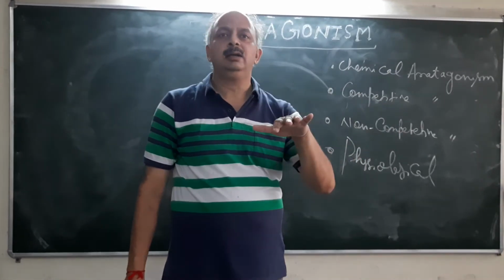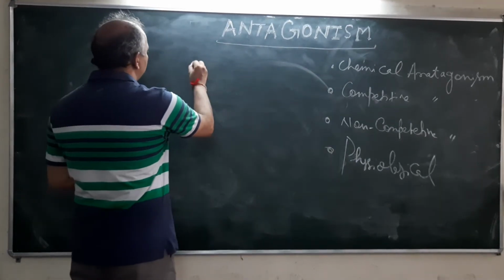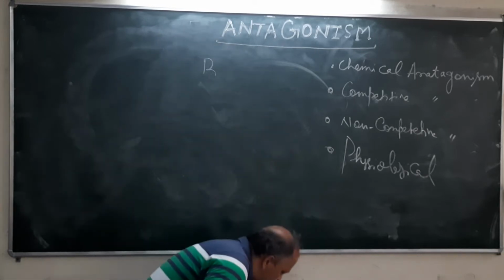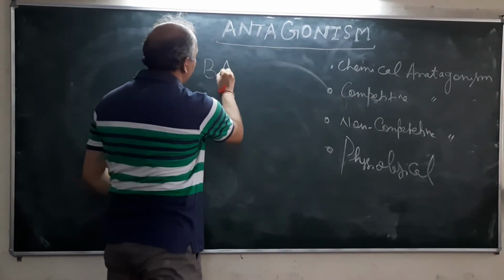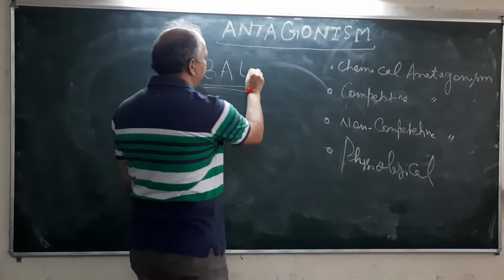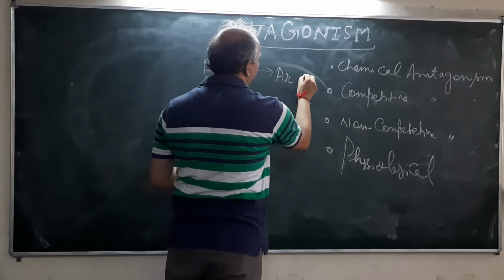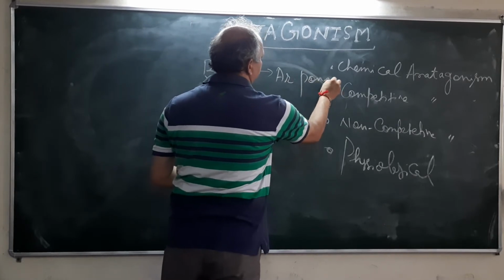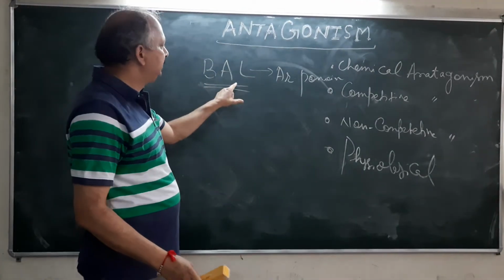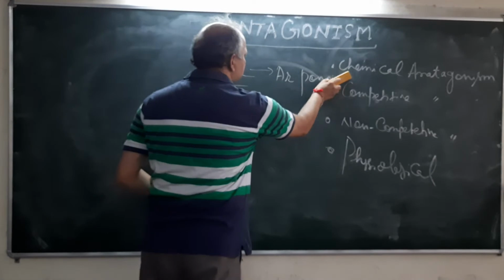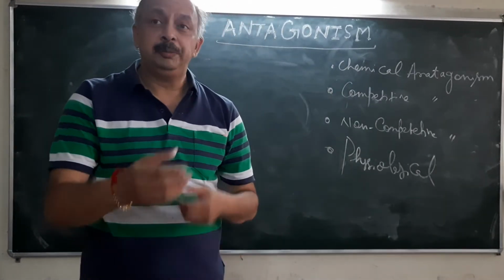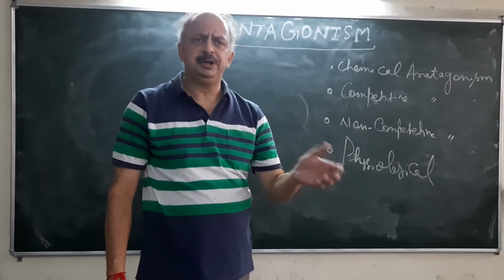To avoid that arsenic poisoning, BAL, that is British antilewisite, is used in the treatment of arsenic poisoning. This question is mostly asked: what is the treatment of arsenic poisoning? The treatment for arsenic poisoning is BAL, British antilewisite.